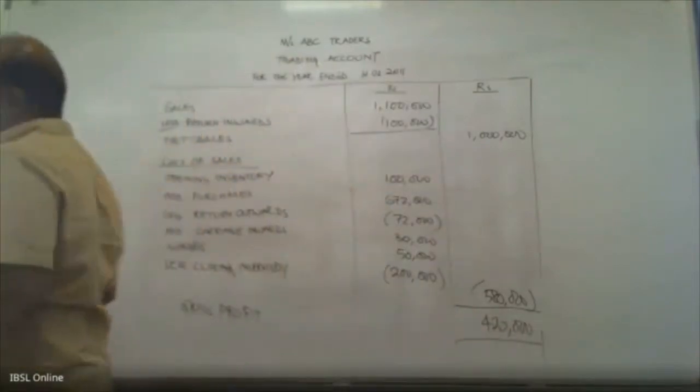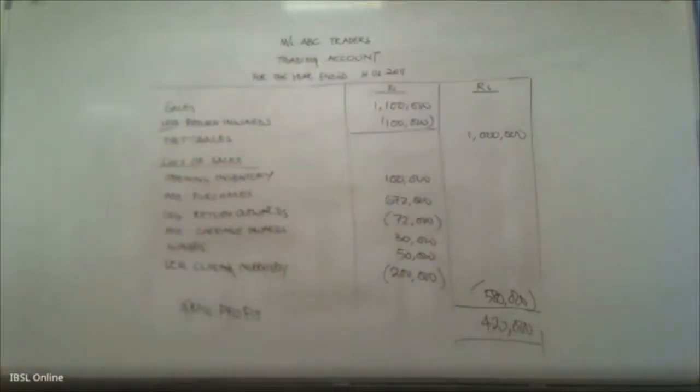So most of you might have got the answers correct, but what is important is the format, how you prepare or how you show the financial statement. Okay, any questions?